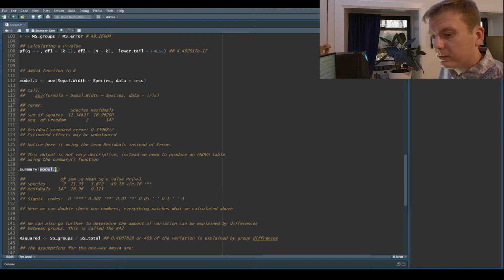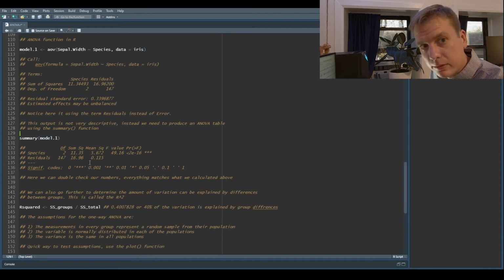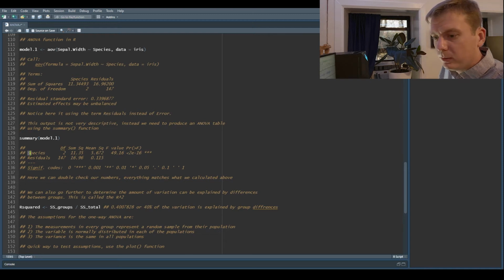And so if we simply put the name of our Anova, so up here we named our Anova model.1, just put that name in the summary function, and it produces a very nice Anova table, which includes information on our group, which is species, and our error, which is residuals.